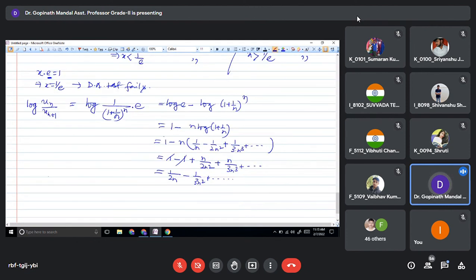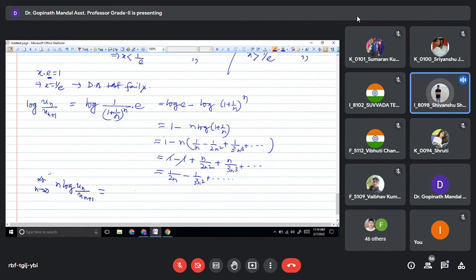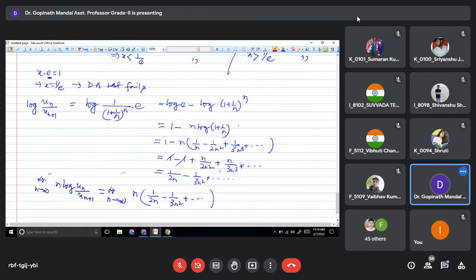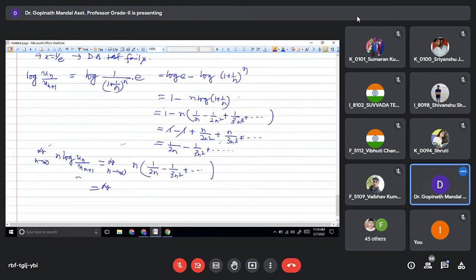So limit n tending to infinity of n log(un/un+1). Sir, there will be n times log(un/un+1), right? Yes, okay sir. Look, limit n tending to infinity of n into 1/(2n) minus 1/(3n²). Now n just multiplies, so half minus 1/(3n) and other terms.